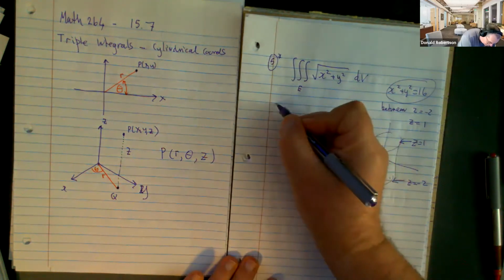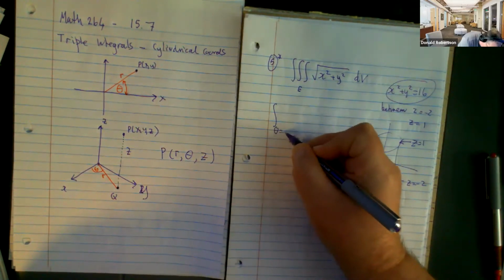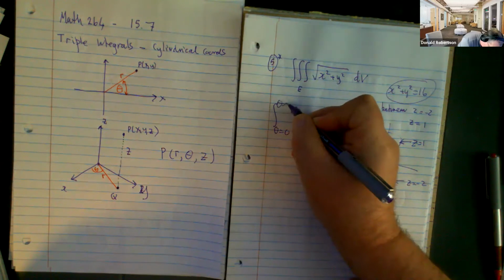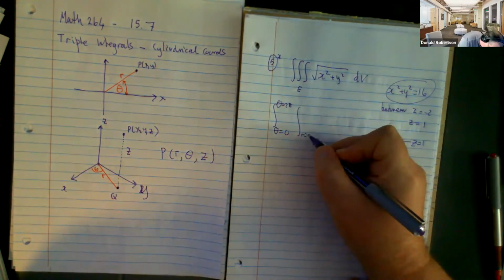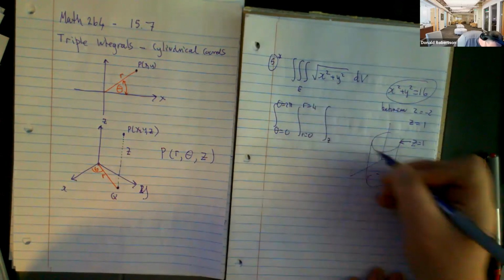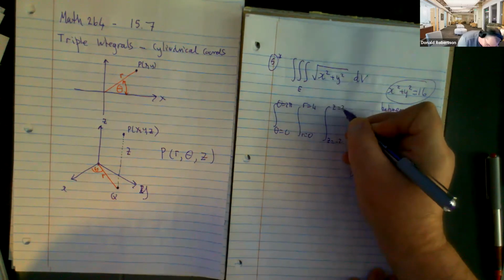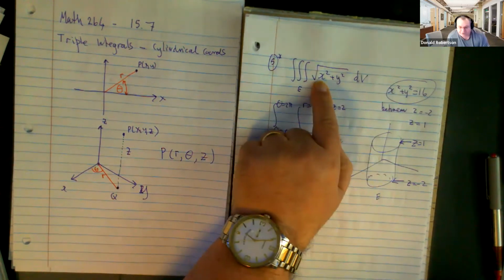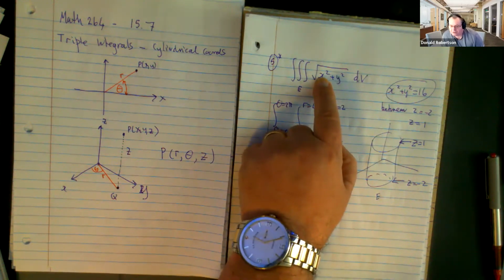Well, I can tell you right now, isn't that the important part? So I'm going to do the integral from theta equals 0 to theta equals 2 pi. And from r equals, what's that, 16? So that's going to be 0 to r equals 4. And z is going to be from -2 to z equals 1. This guy here is going to get turned into polar, isn't it?